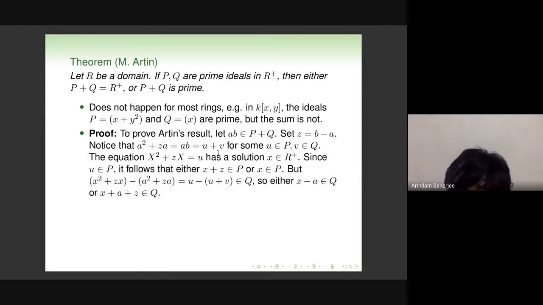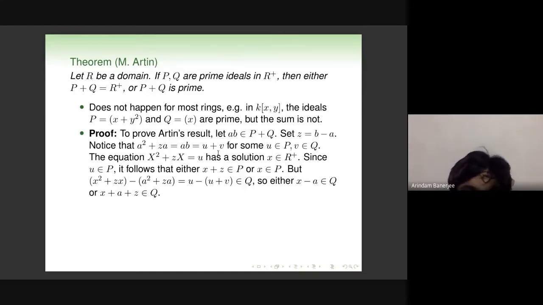Since u is in P, it follows that either x plus z is in P or x is in P, because P is prime. But also x squared plus zx minus a squared plus za equals u minus u plus v.